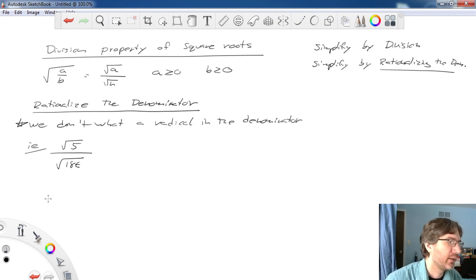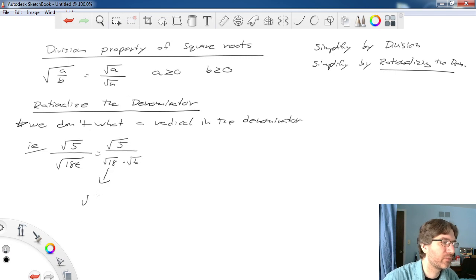So we know that we can break that up into the square root of 5 over the square root of 18 times the square root of t. I'm not going to touch the square root of t because I can't do anything with it. I'm not going to touch the square root of 5 because I can't do anything with it. But I can break up the square root of 18, which is the square root of 9 times 2, which is the square root of 9 times the square root of 2, which is 3 square roots of 2.